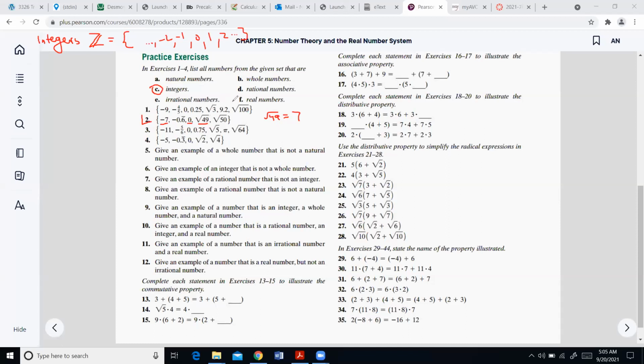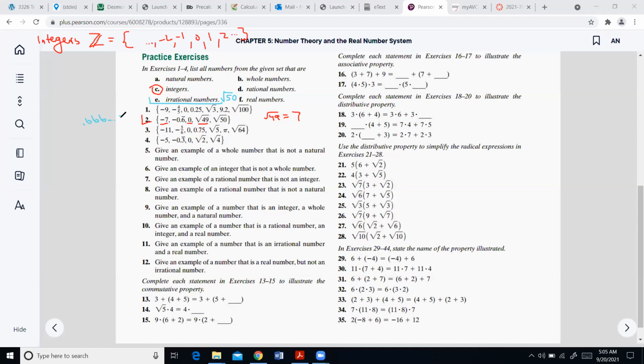If you would like to do something with the irrational numbers, like here, part E is irrational numbers, then the only irrational number will be a square root of 50 in this exercise number 2, because the rest will be integers, and 0.6 with a bar is actually 0.666 dot dot dot.